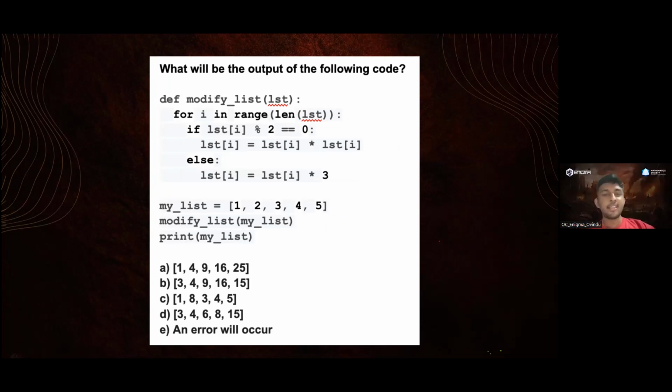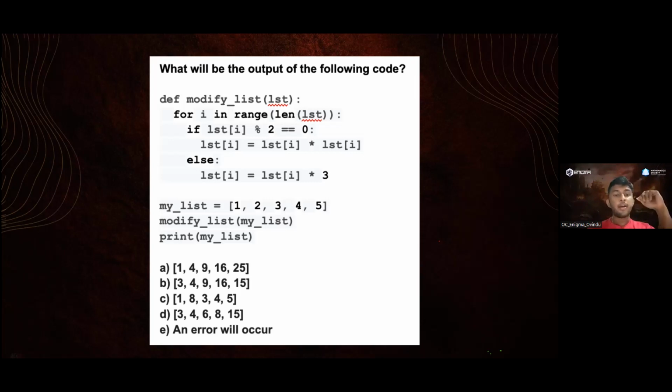You can see that in this code, what happens in this modify list function is what they're asking. So first, before we go to the function, let's go to this list. My list is created, and it has 1, 2, 3, 4, and 5 as elements. Then we pass my list into the function.